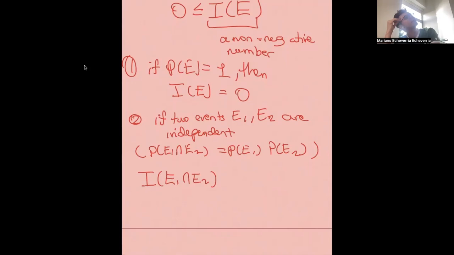So it's more convenient to put it as a sum. The information of an intersection in the independence case ends up being a sum.